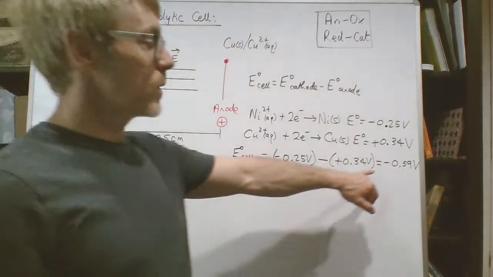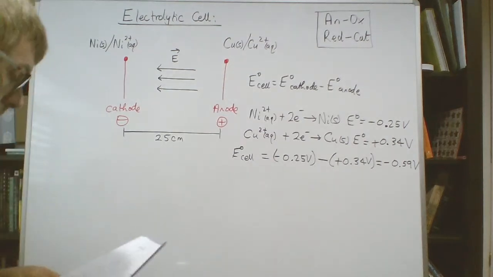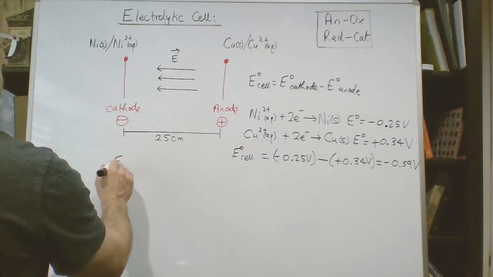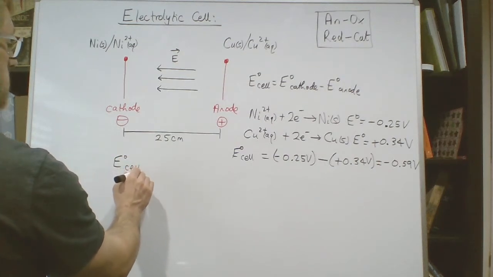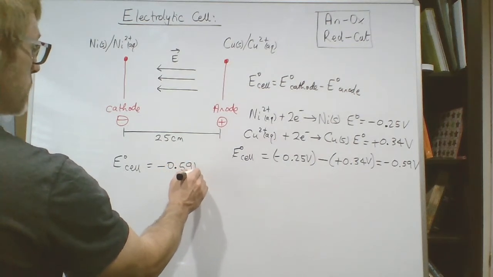So again, we knew it had to be negative, and that's exactly why it's an electrolytic cell. So we know that E standard cell is negative 0.59 volts.